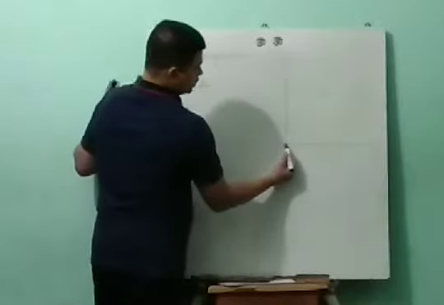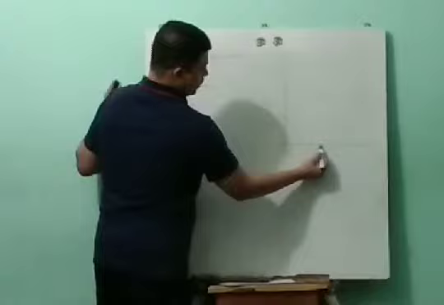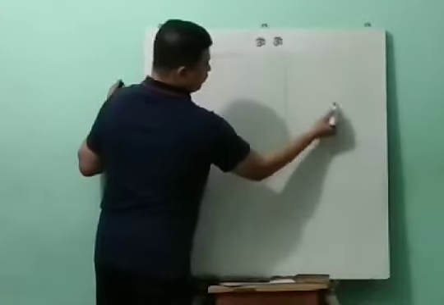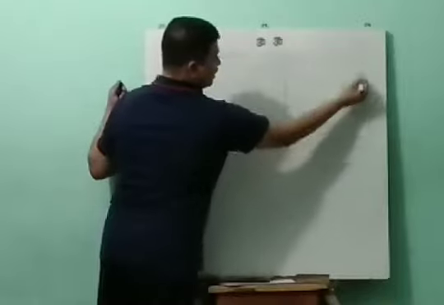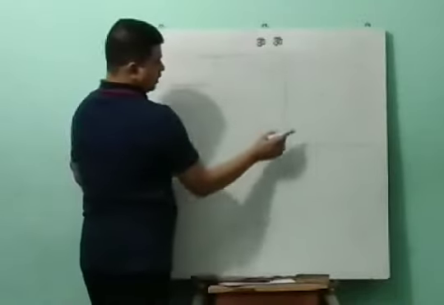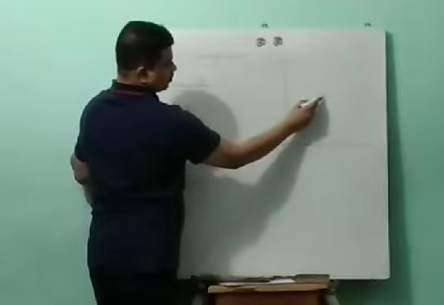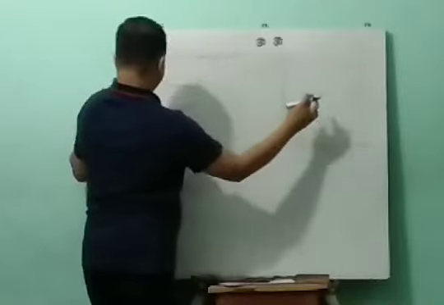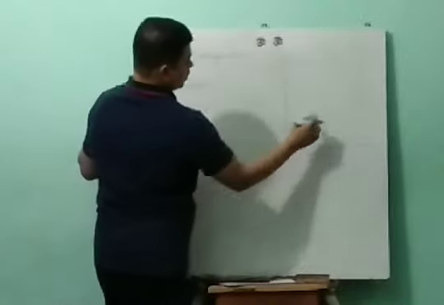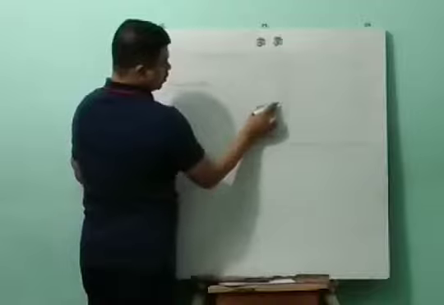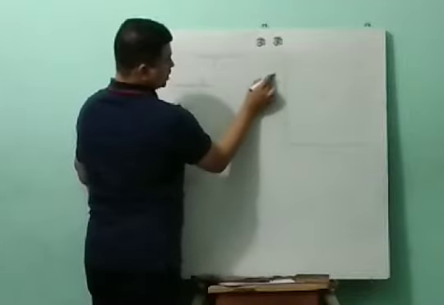So from this up to here it is 3, then the additional distance is 4. So totally 4 plus 3 it is 7 in x coordinate. Then in y coordinate, 2 units, 4 plus 2, that is 6.